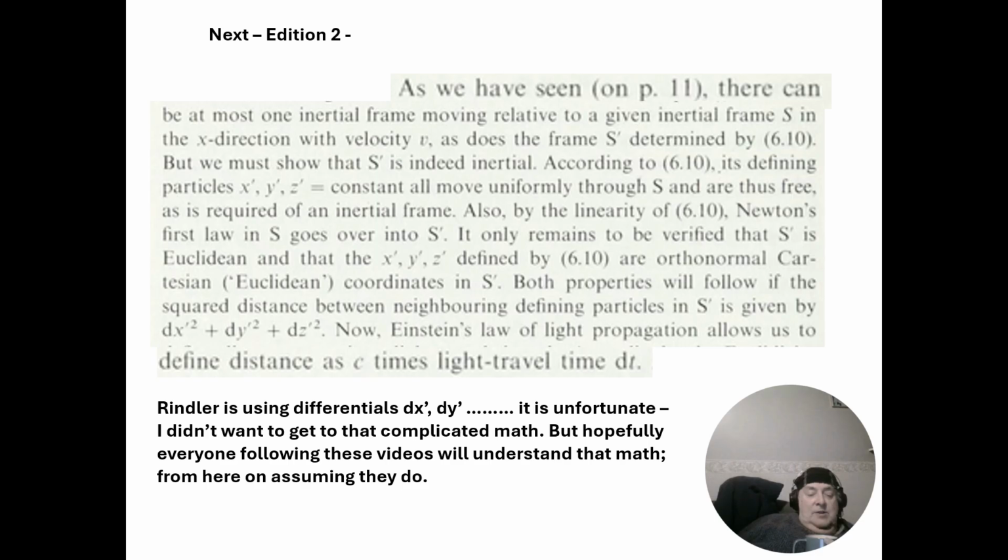And Rindler is going to use differentials, which is going to be dx prime, dy prime and so forth. It's unfortunate, I didn't want to get into that complicated maths of using differentials, but he's bringing it in. But hopefully everyone following these videos will understand that maths from here on. I'm going to have to assume they do.